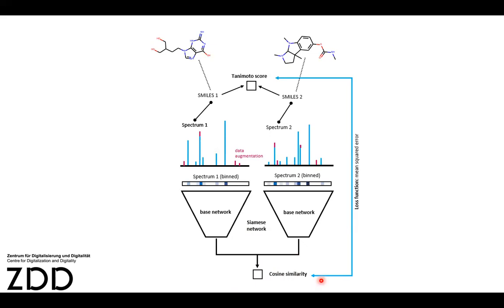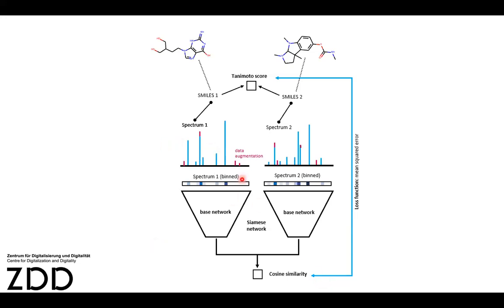It doesn't have anything to do with what humans learn, but it's optimizing statistical functions, optimizing towards seeing a lot of data and trying to be as close as possible to the original score, if it manages to find patterns. We do this with many millions of spectral pairs that we pick so that we have all Tanimoto score ranges. Then we hope that it is able to predict chemical similarities by only looking at the spectrum.